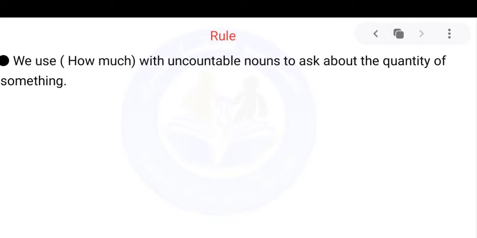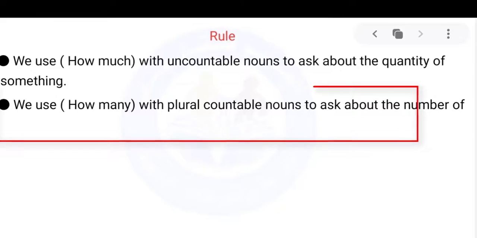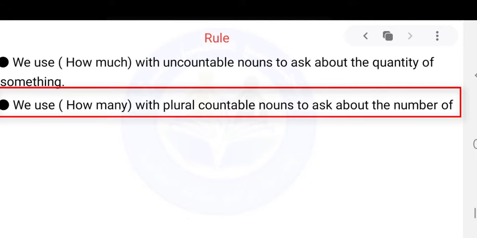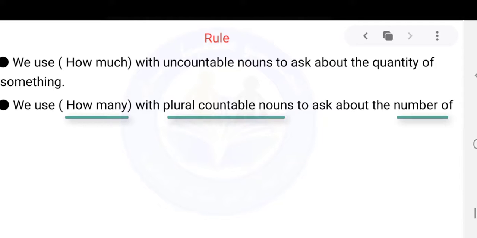On the other hand, we use how many with plural countable nouns. Take care, grade 7. I didn't say countable nouns. I said plural countable nouns. Don't say how many student. Don't say how many cup. We must say how many cups, even if the answer is 1.